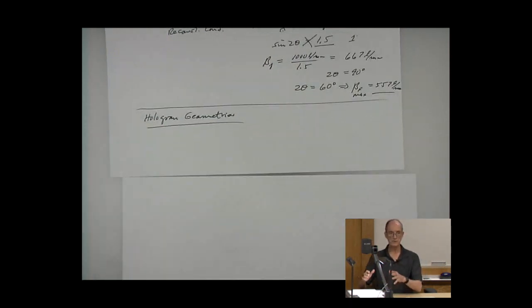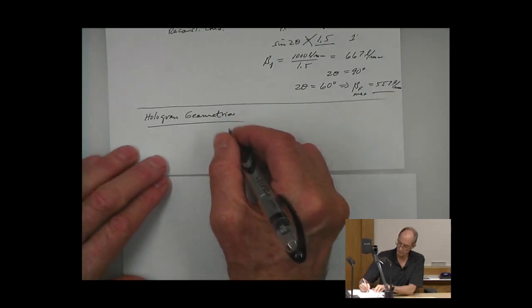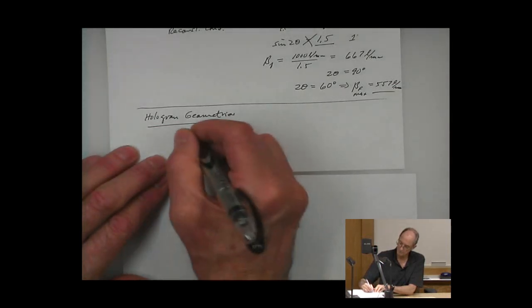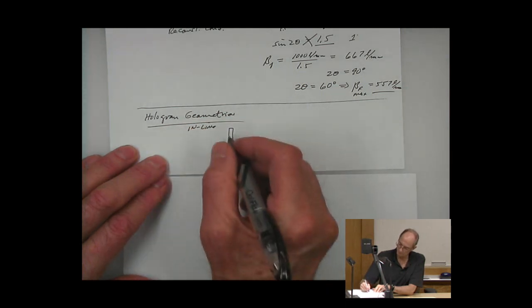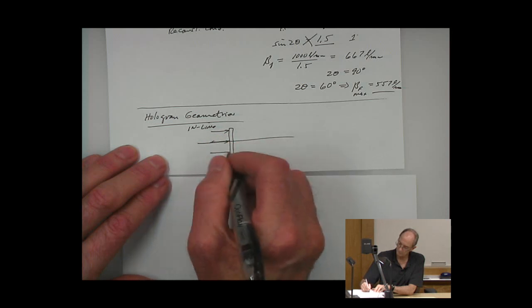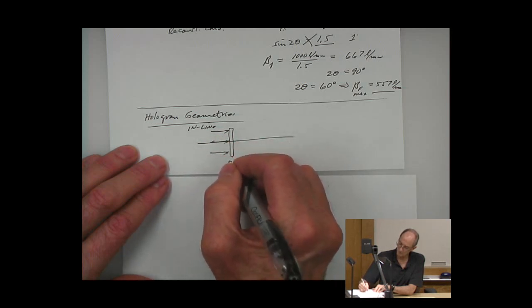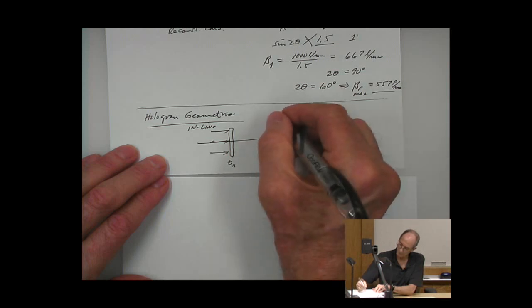And we already have done two, right? We've done the inline hologram where we have this geometry where we illuminate our transparency here, and then we have the film out there.